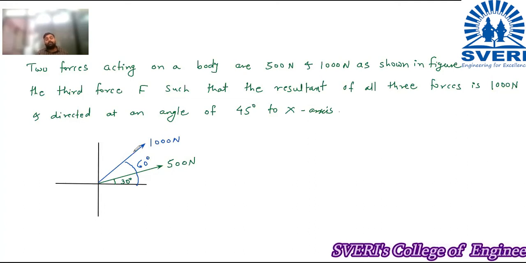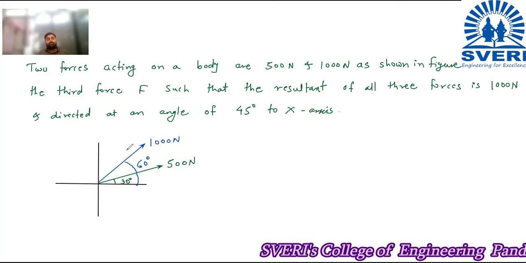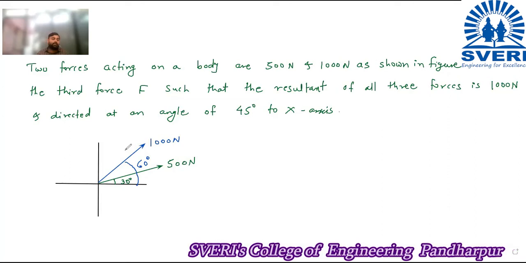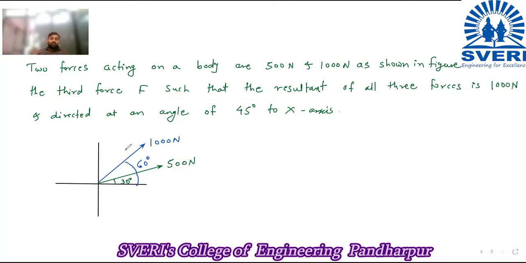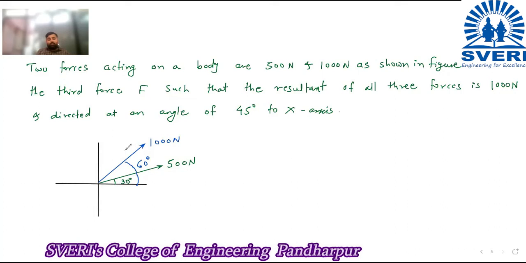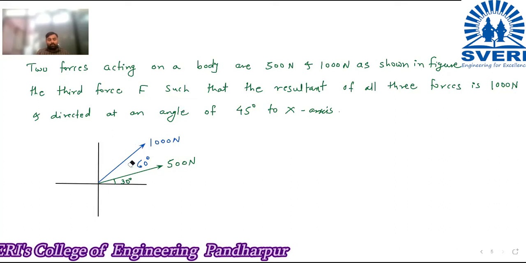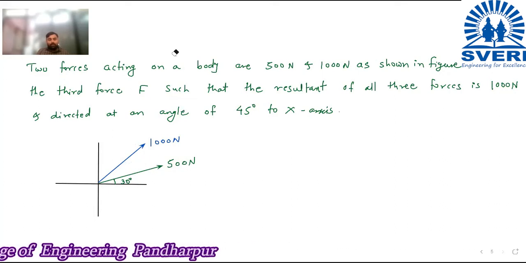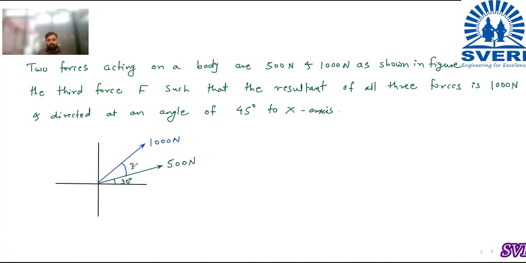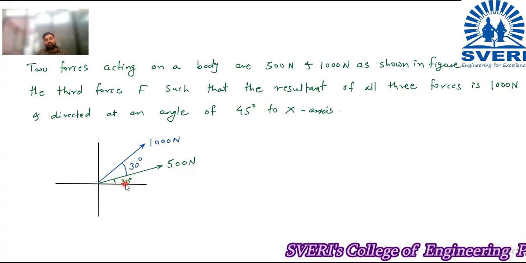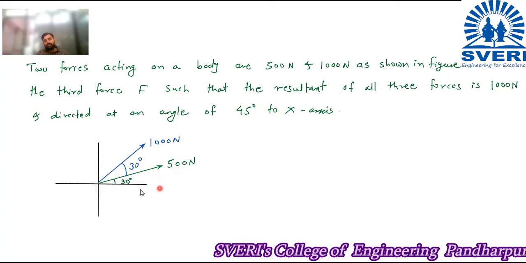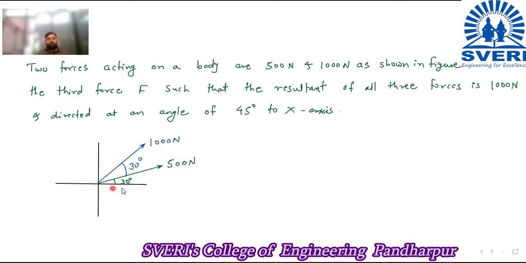Okay. So alpha is the angle. Always you should take it with horizontal, either with horizontal or vertical. Alpha or theta, whichever angle it may be. Sometimes in the examination, to confuse you, instead of giving this angle, they tell you that the angle between 1000 and 500 Newton force is 30 degree. Now you can see here, this 500 Newton force angle is 30 degree with the x-axis or the horizontal line.